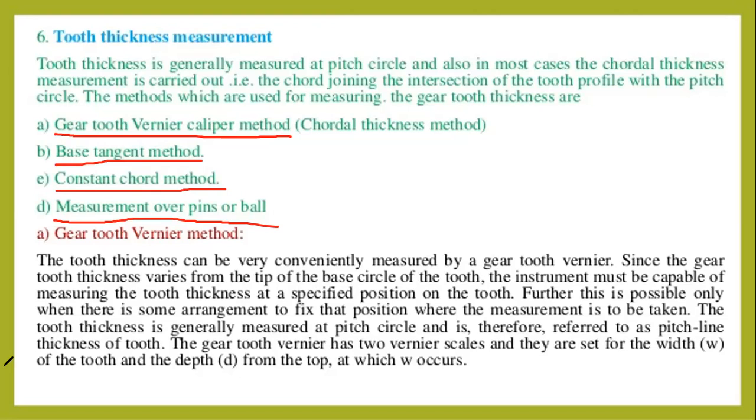Since the tooth thickness varies from the tip to the base circle of the tooth, this instrument must be capable of measuring the tooth thickness at a specified position on the tooth. So this is to be specified at the position of the tooth.